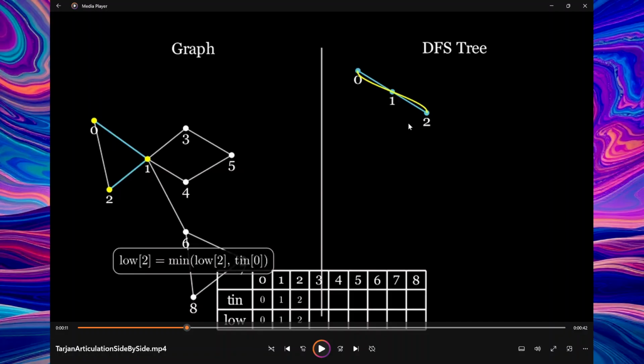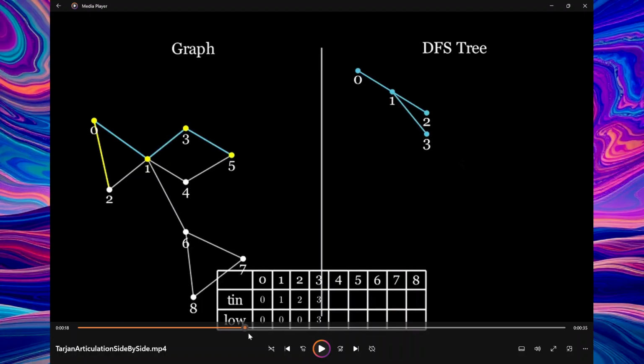What time is written there will tell me whether or not I can escape beyond 0. In this case, it's trivial because 0 doesn't have any other subgraph. But imagine that there was a subgraph up here, then you know that 0 would be an articulation point from there, right? So let's continue on.